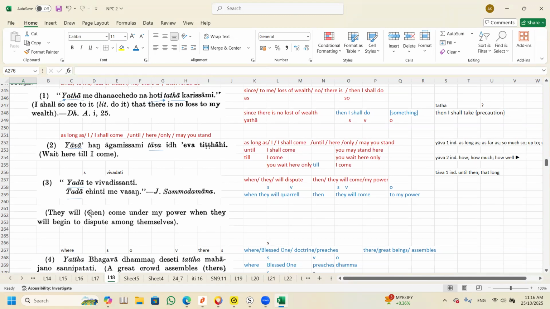They will come under my power when they begin to dispute among themselves. This is the typical English grammar structure, exactly like that. So the arrangement has no problem.